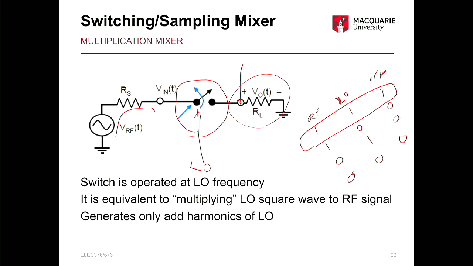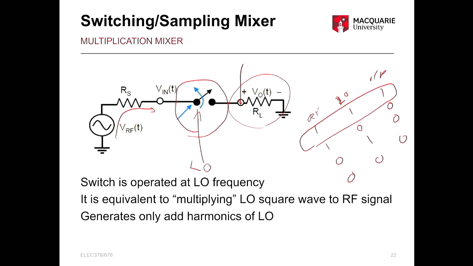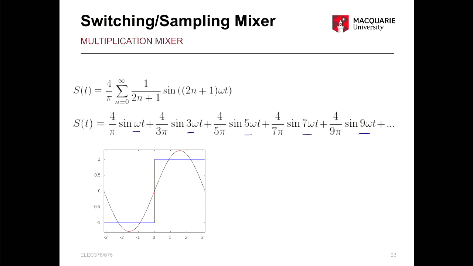Anything else? No. So why do I think that we can use the switch or switching operation to make a mixer? Because that square wave signal that you give here to operate the switch consists of so many different frequencies, but all odd harmonics.